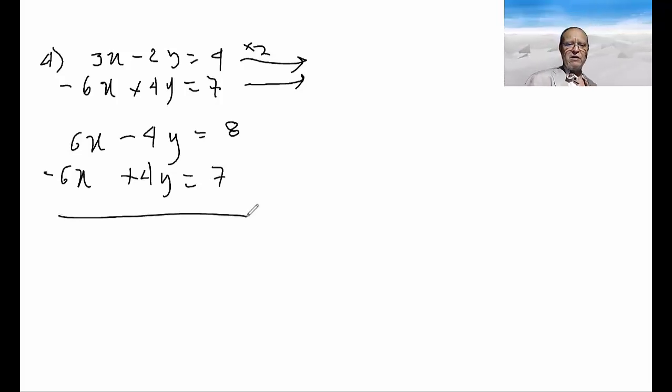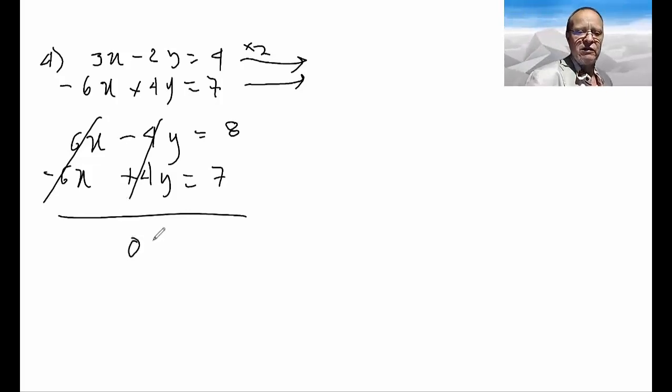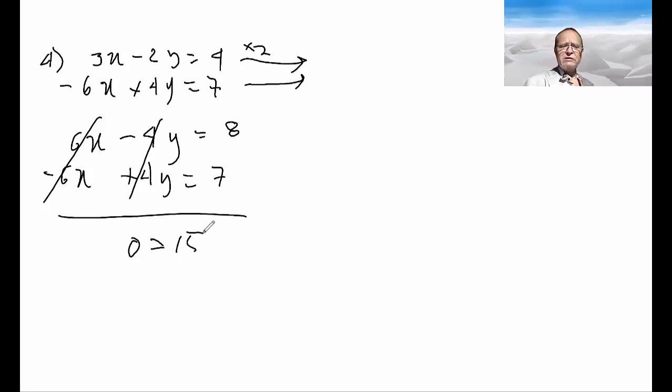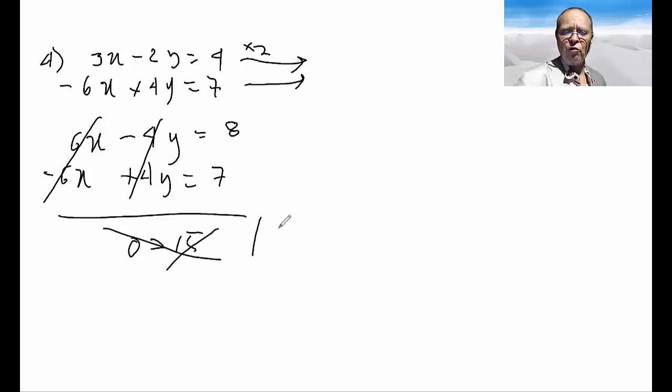Now it turns out everything cancels. The x cancels out, the y cancels out, and we end up with 0 is equal to 15. But that's not true. 0 is not equal to 15. So what does it mean when you have something that doesn't really make sense?